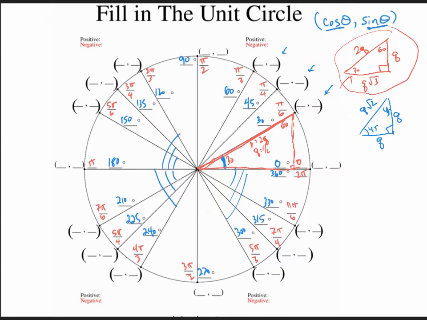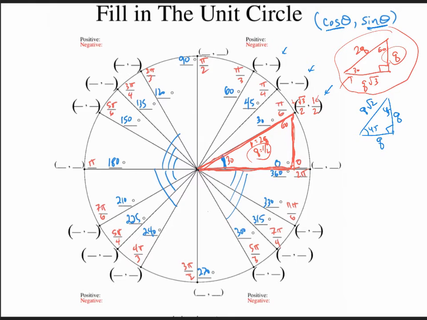So then if I wanted to fill in the X value of this point and the Y value of this point, that would be 1/2 times the square root of 3, and 1/2 itself. So my first coordinates are root 3 over 2 and 1/2.